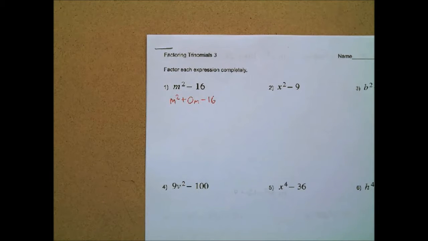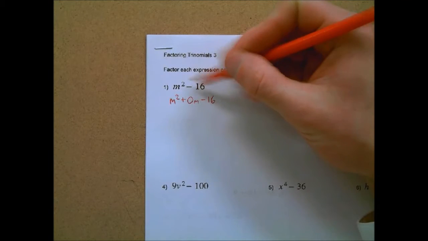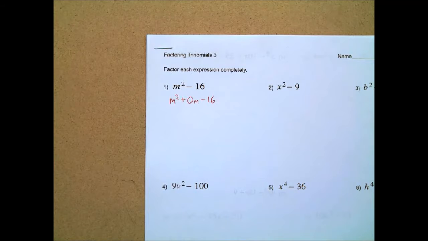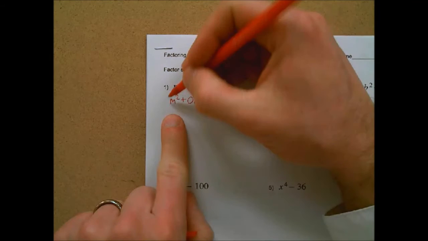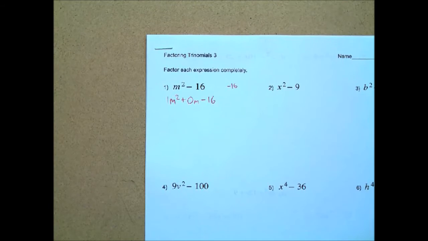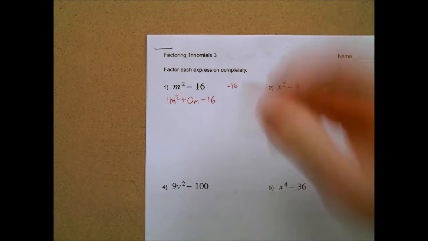Now do we have a trinomial? Pretty much, kind of. We could probably get rid of the 0m and simplify it to a binomial, but we kind of have a trinomial now, and we can use the strategy we've been using. So we'll do 1 times negative 16 and get negative 16. Now we're looking for 2 numbers that multiply to negative 16 and add to 0.